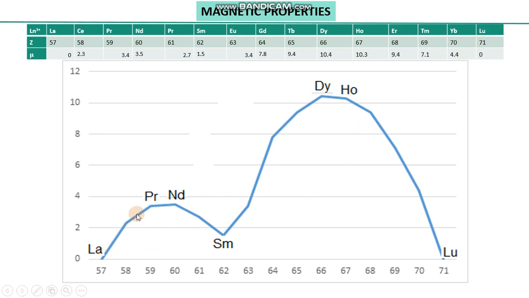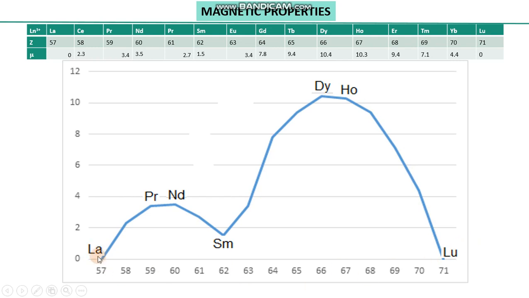So this is the graph representing the magnetic properties of lanthanides, and you can say that in the beginning of the series there are two elements which have maximum magnetic properties, then a decrease in properties, and again an increase, and the maximum value has been attained for dysprosium, a closer value for holmium, and then the minimum value for lutetium, and at this end for lanthanum.